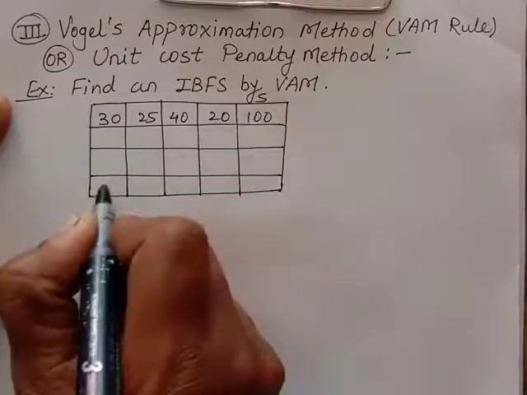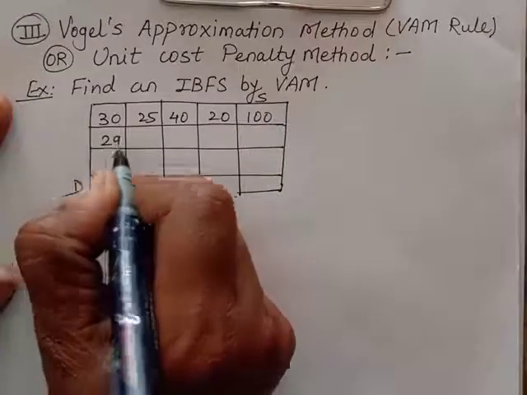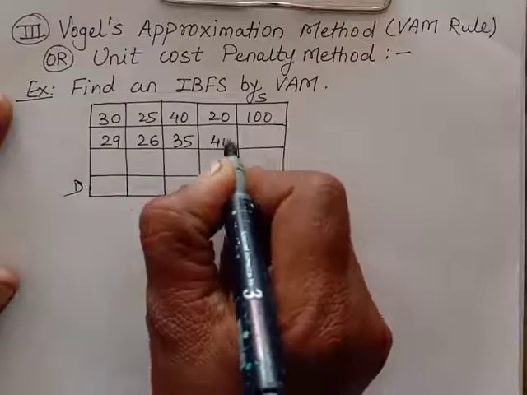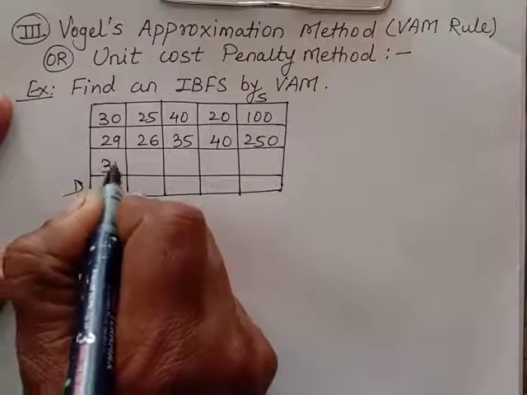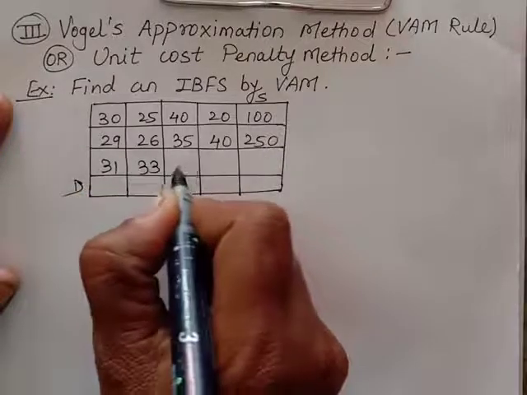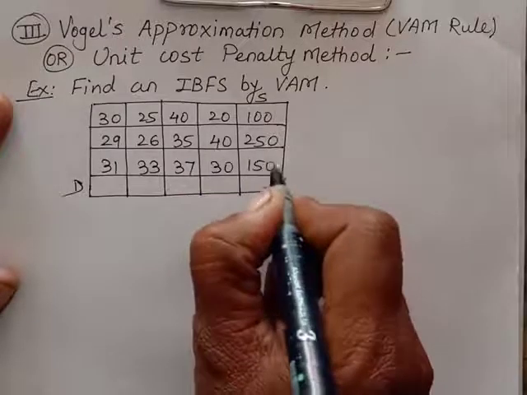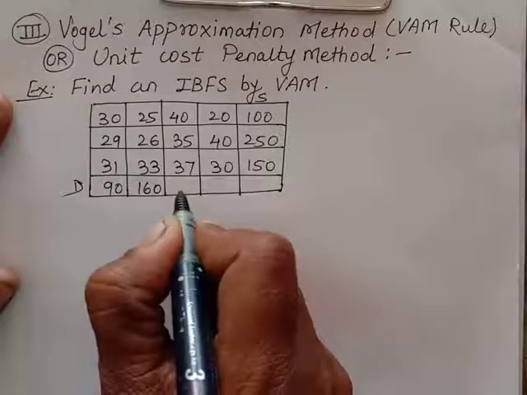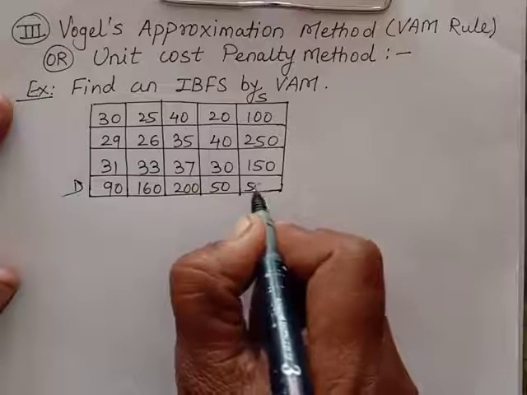This is supply, this is demand. $29, $26, $35, $40. This is $250. This is $31, $33, $37, $30. It is $150. This is $90, $160, 250. You know this total is 500.